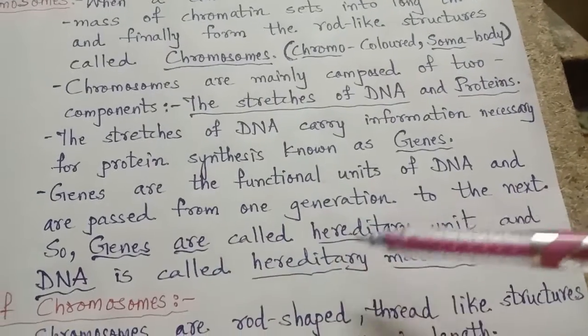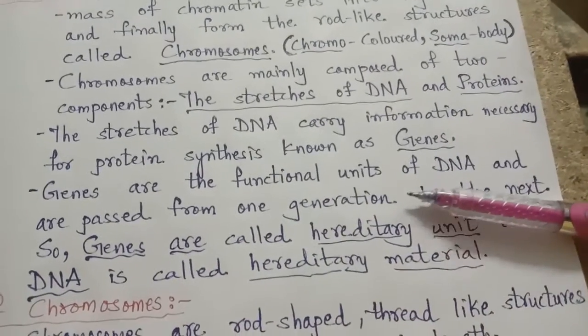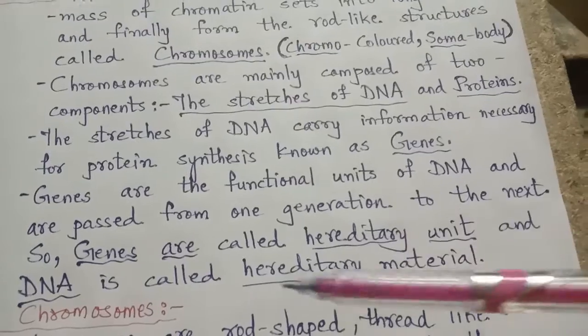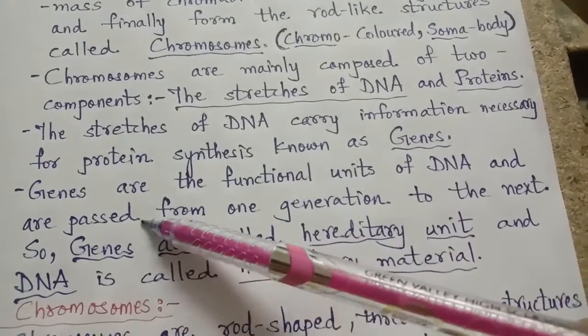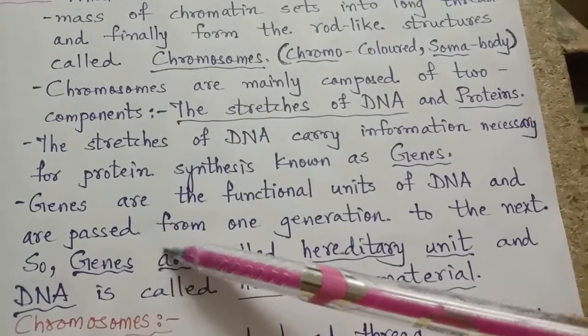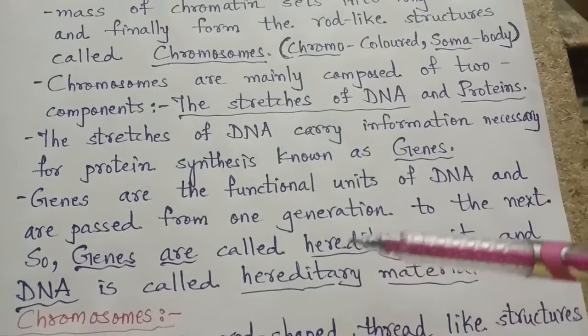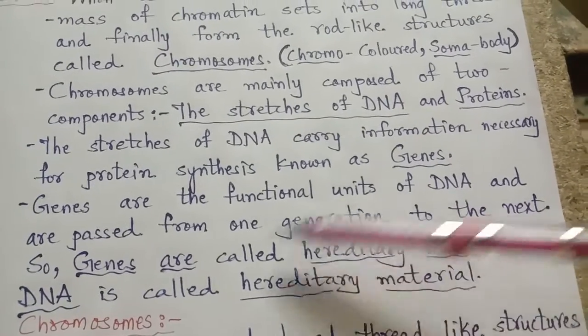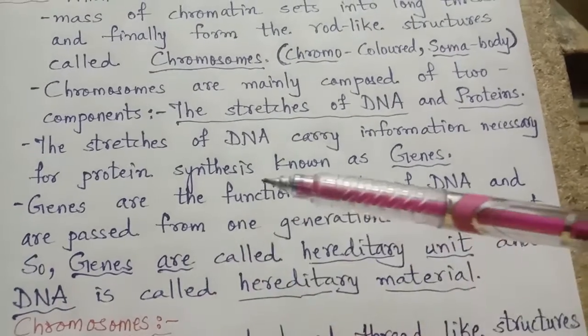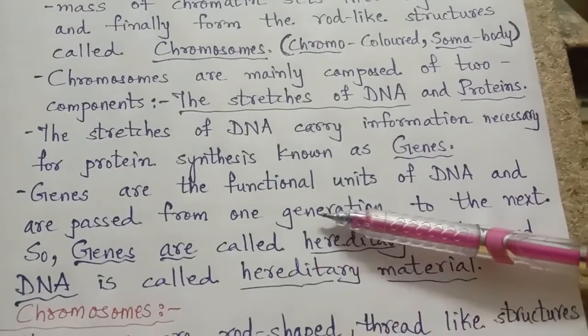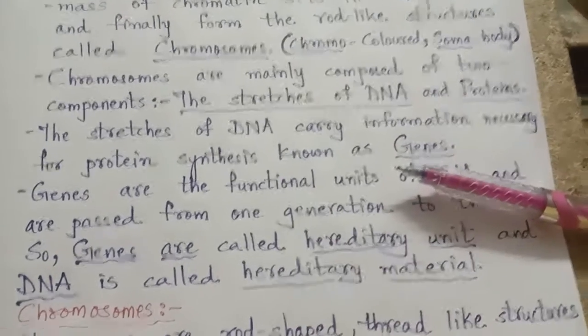Genes help DNA to do its function, so it is called the functional unit, and because of it, genes are passing the hereditary and metabolic functions from one generation to the next generation.